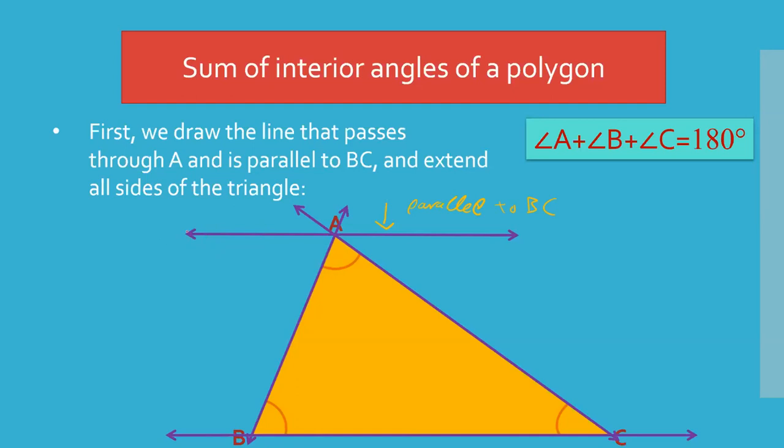Yes, Naomi is saying B, because that's the reason why we call it a Z pattern: the equal angles are the ones that are resting inside the two angles of the Z. Okay, so actually this angle is equal to this angle right here, the inside angle, by the Z pattern.